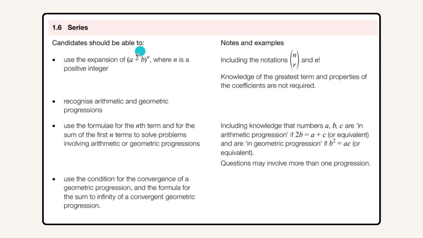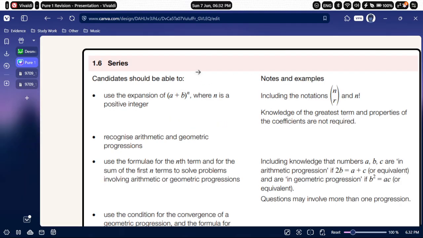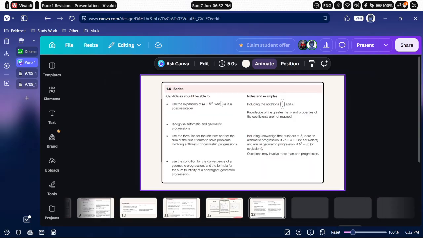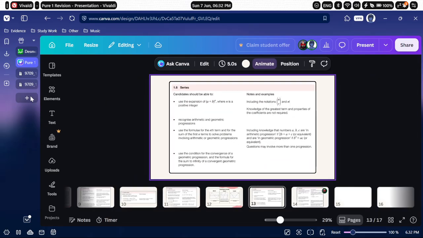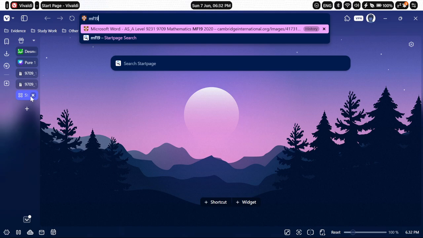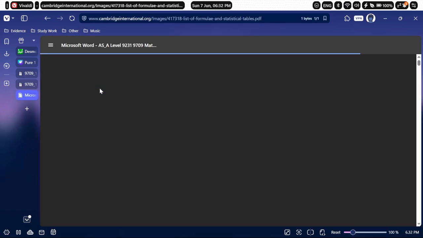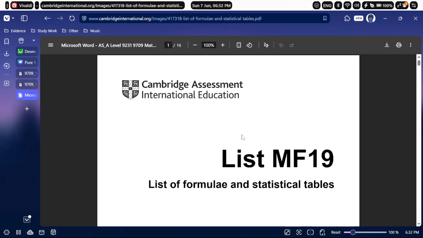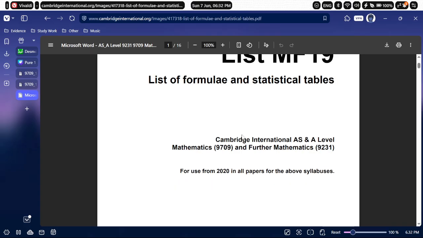You need to know about the expansion of (a plus b) raised to n. If you ever get stuck, you can open up your MF19 because you will be given MF19, so you can use that as a reference. That's one good thing about CIE.